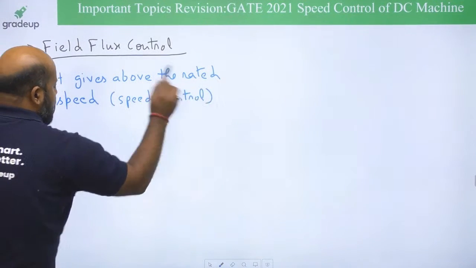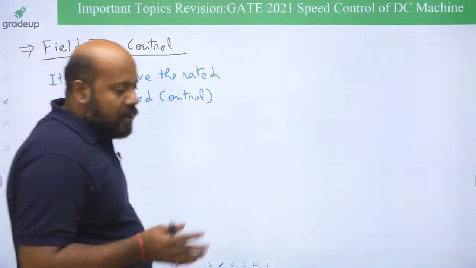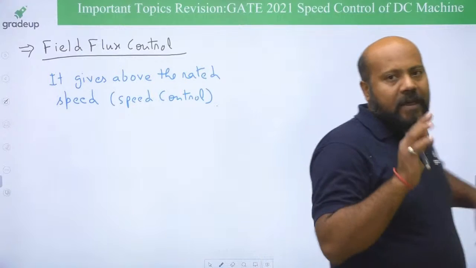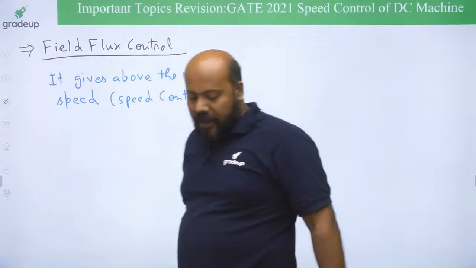If you want to control the speed above the base speed, then you are going to use the field flux method. Now we will see this method for the shunt motor and the series motor separately.